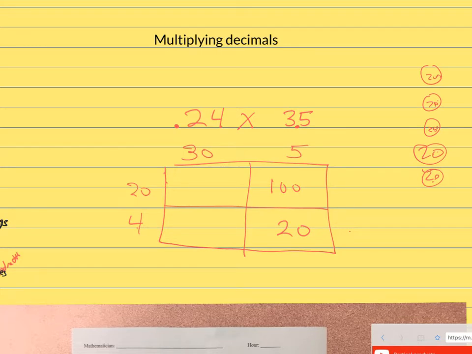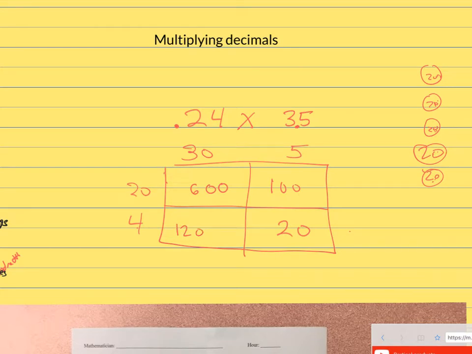30 times 20. 30 times 20 is 3 times 2 is 6, and I'm just adding my 0, so 600. And then 4 times 30 is 120.